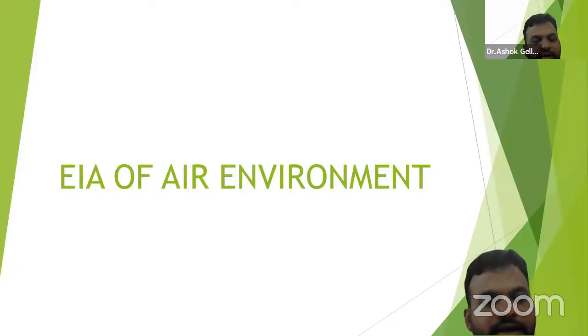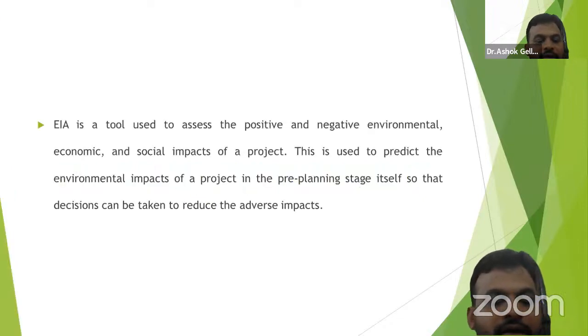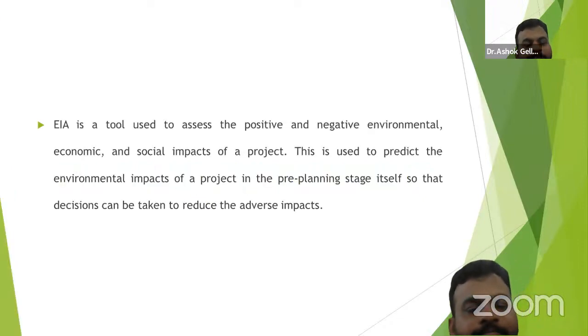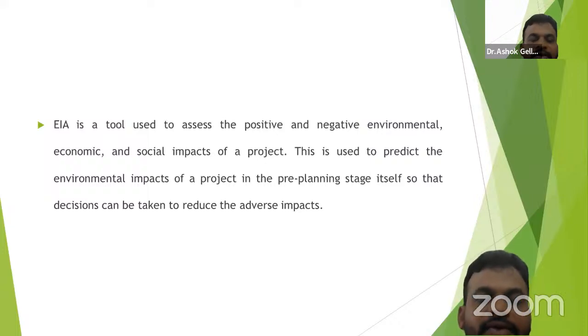The next one is the EIA of air environment. The air is a major environmental component. The EIA is a tool used to assess the positive and negative environmental impacts, and the economic and social impacts, of a particular project.